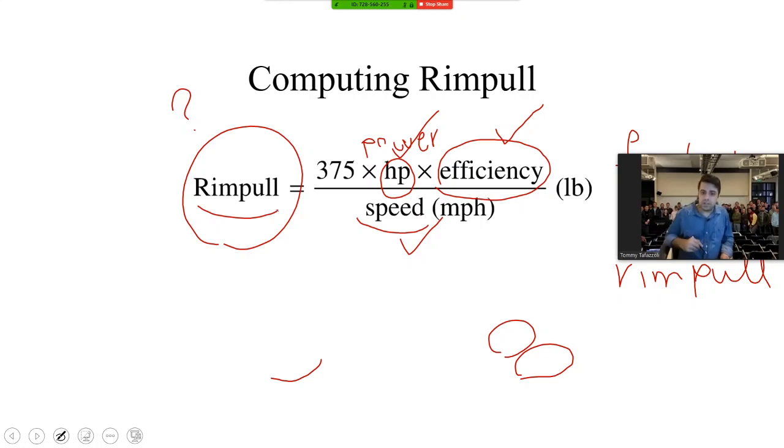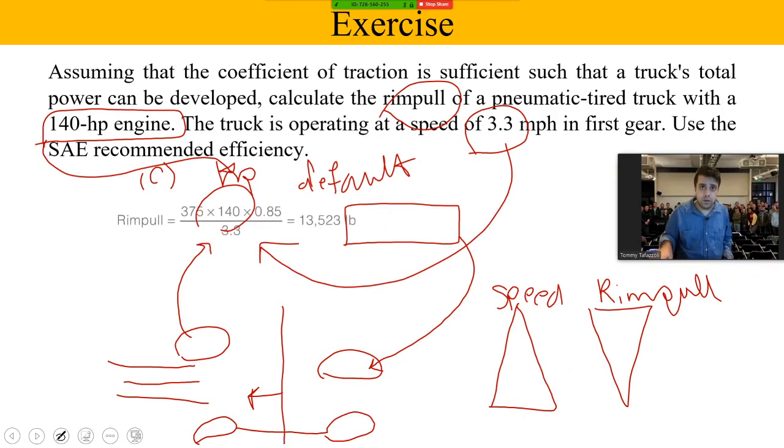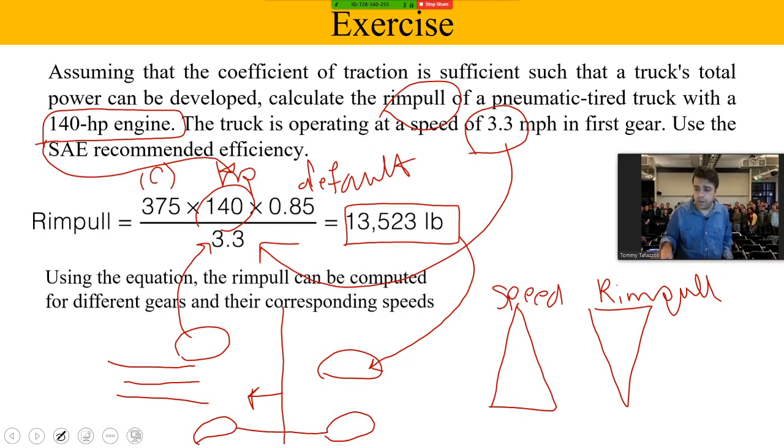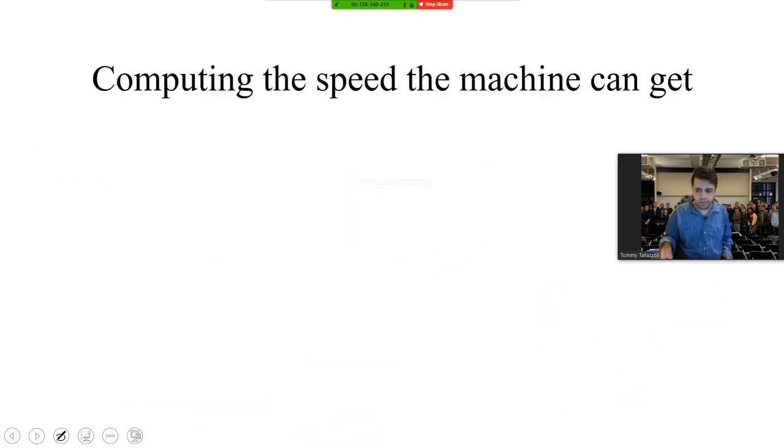So if you have the rim pull force, you can say that with that rim pull force your machine can obtain a speed of so much. That is also important and very practical. Using that equation, you can get the speed of the vehicle, of the equipment.